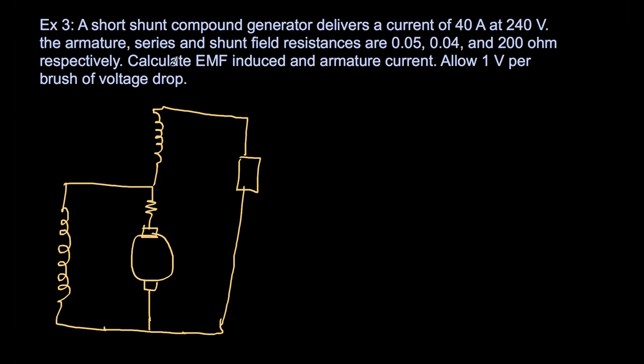Current of 40 amperes at 240 volts. So the load current is 40 amperes and the load voltage is 240 volts. The armature resistance is 0.05, this is 0.04, and this is 200 ohms.